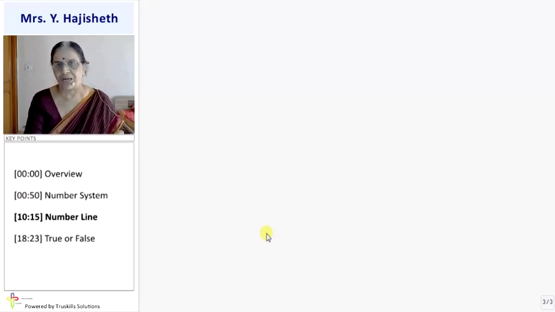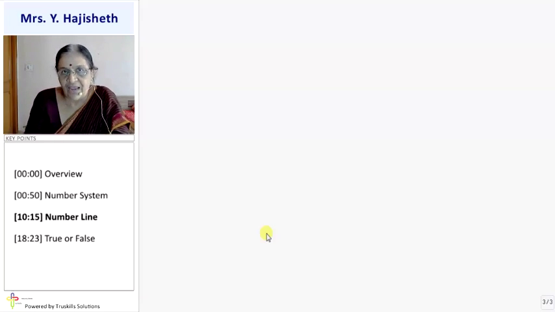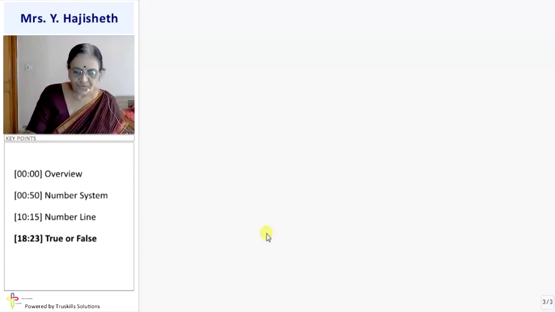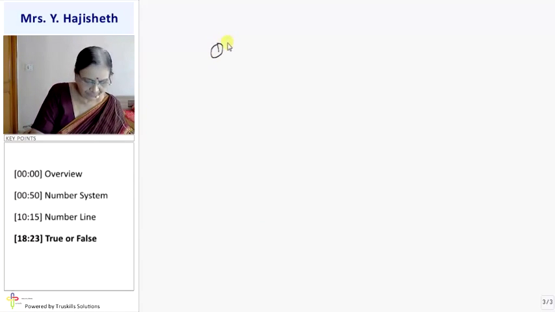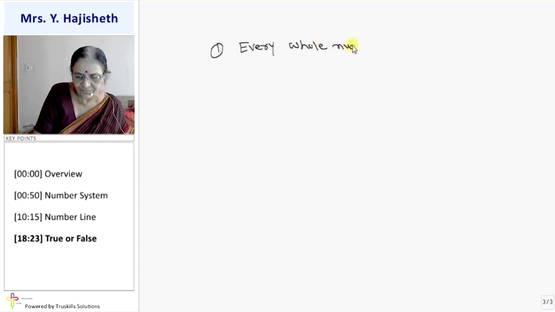Now there are a few questions I am asking you. See, we have learned N, W, Z, Q and R. Now I am asking a few questions which clarify the relation between these 5 different collections. See, the first question I am putting in front of you is: every whole number is a natural number?